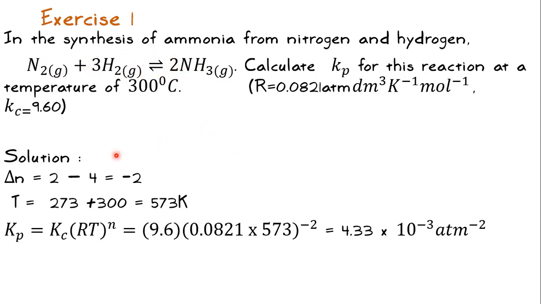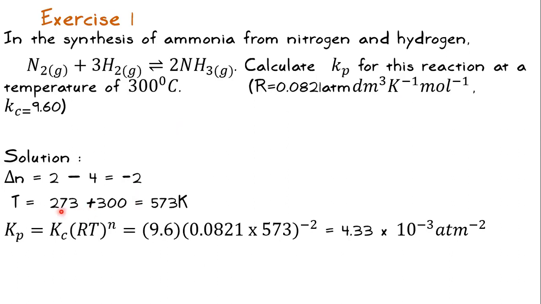Good. So the temperature should always be in Kelvin, because if you look at the molar gas constant, its unit has per Kelvin in it. So when they give us the temperature in Celsius, we have to change it to Kelvin.